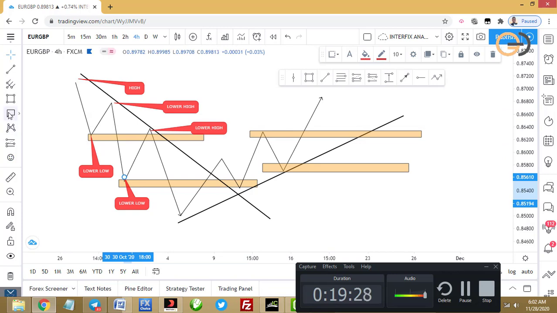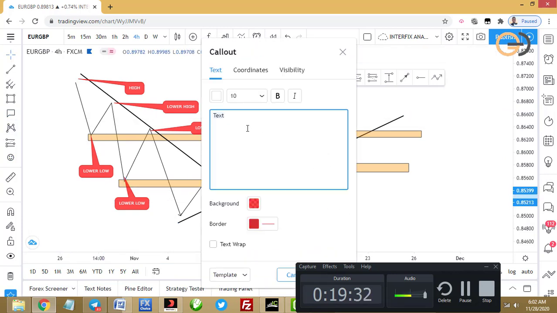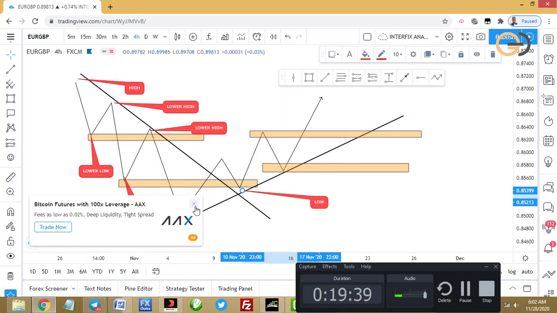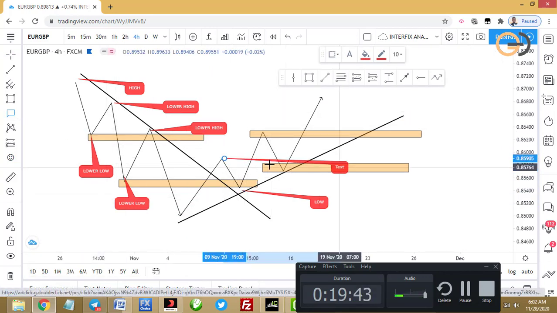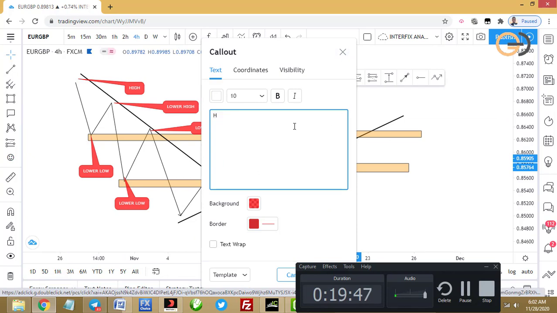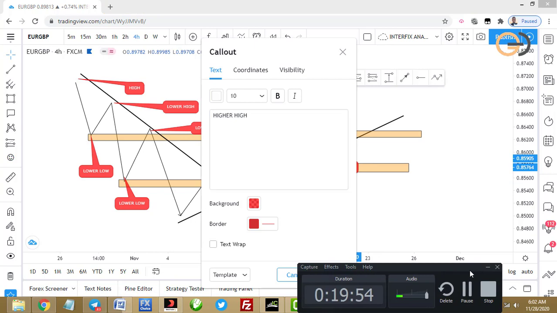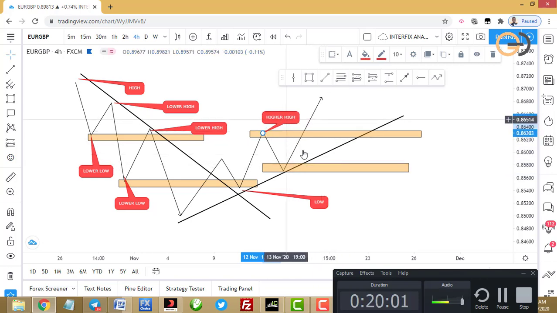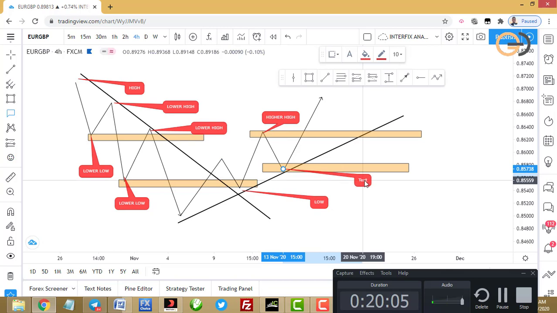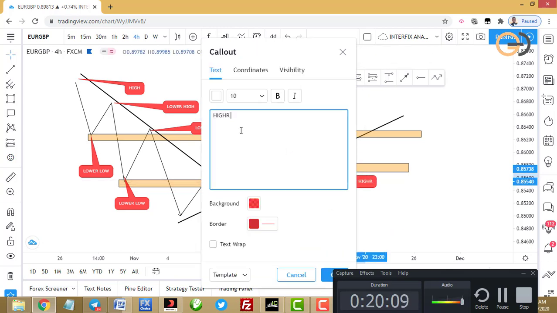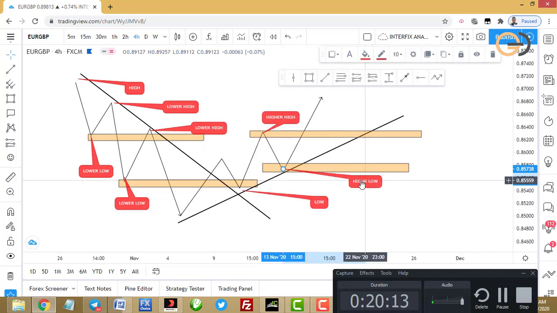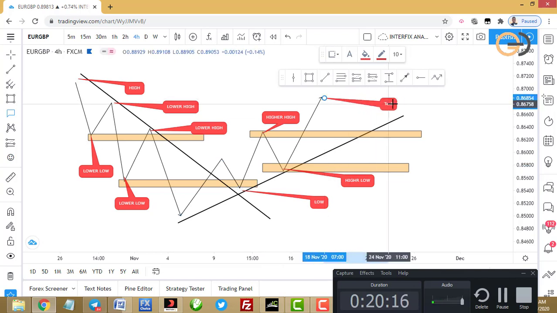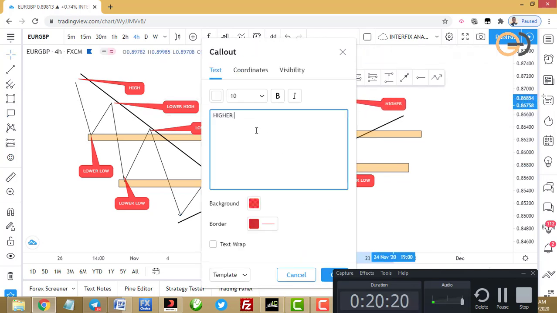While in an uptrend, the market starts with what we call the low, and then it goes to a higher high, then it forms a higher low, and then it forms a higher high.